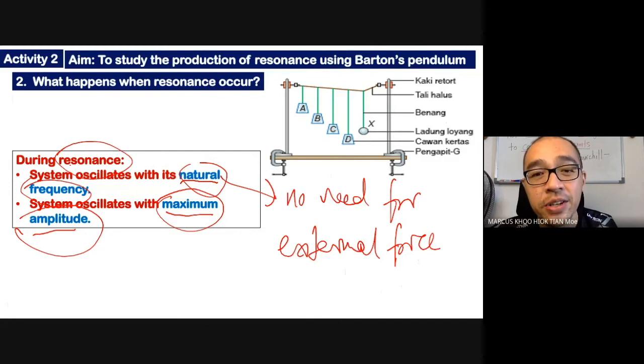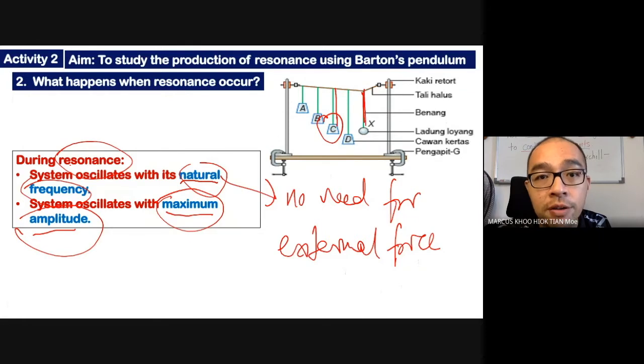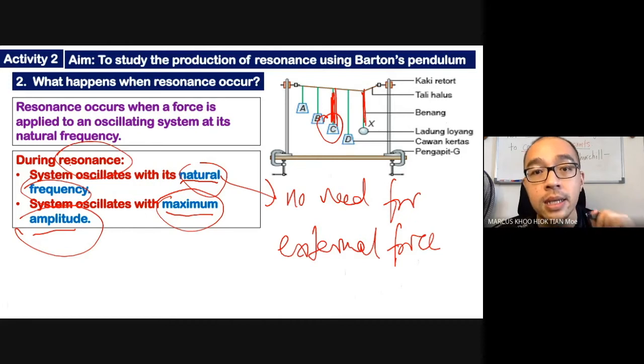So if I give you this situation, A, B, C, D, and then this is my driver pendulum X. Between A, B, C, and D, which one is going to resonate with X? C. It's going to be C because they have the same natural frequency. Anything with the same natural frequency is going to resonate.